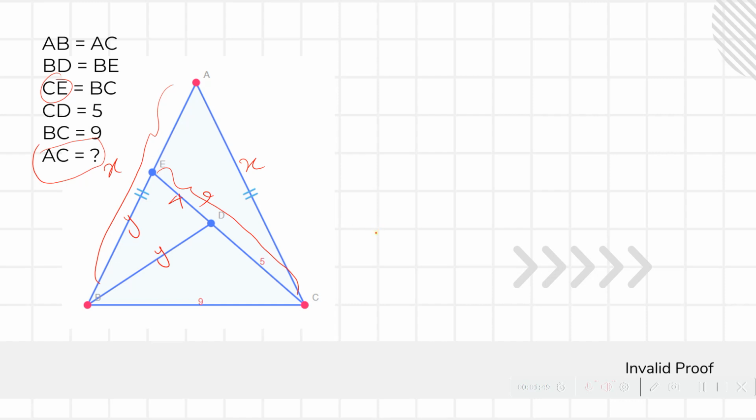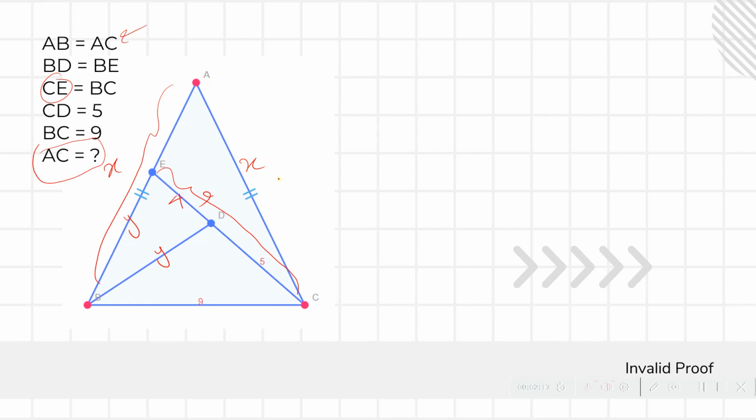What I want to do here is break down these triangles to see what I can get from them. But how are we going to do that? Let's see. This big triangle ABC is an isosceles triangle. It has two equal sides, X here, with the information given to us.